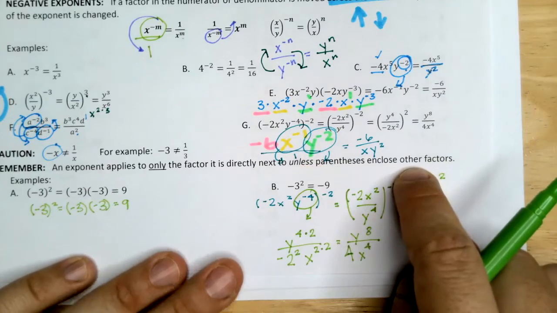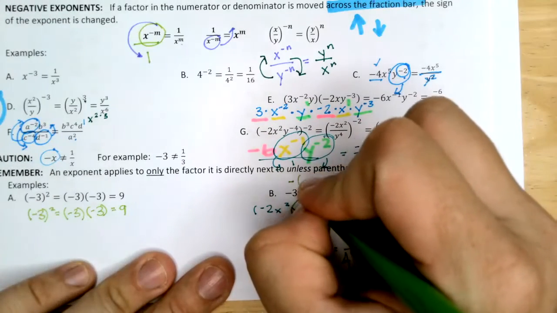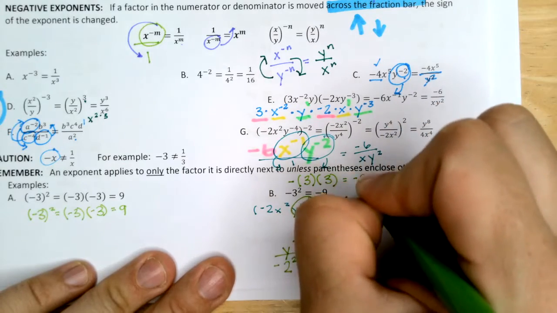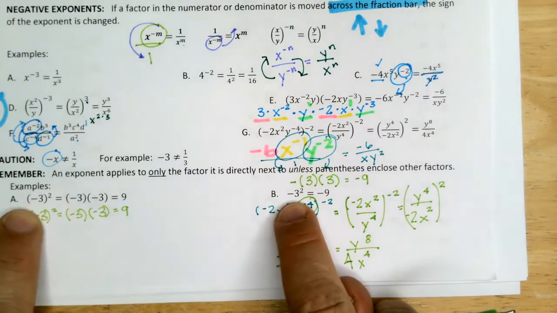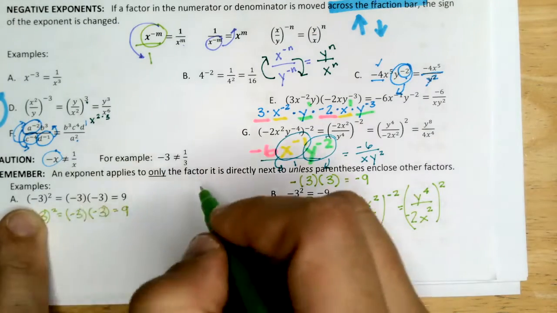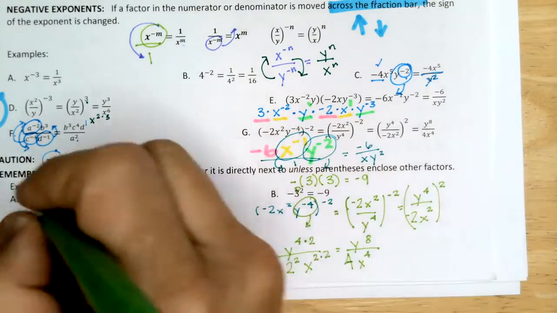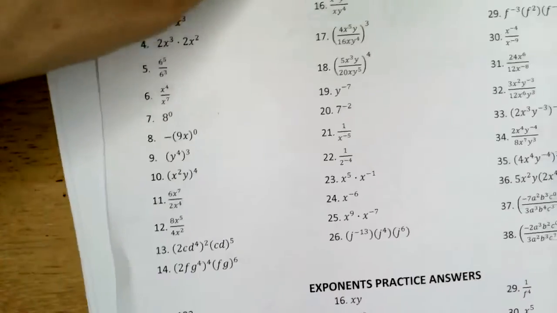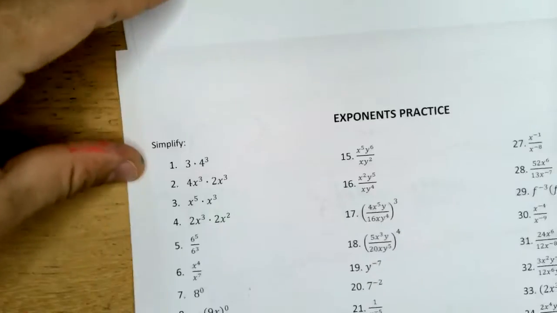However, if the parentheses do not enclose it, we're just saying it's a -3 times 3, which is a -9, okay? So make sure you see whether or not the exponent applies to exactly the number right next to it. But if there's parentheses, it's everything within the parentheses, okay? So now let's practice. And I might need extra paper.